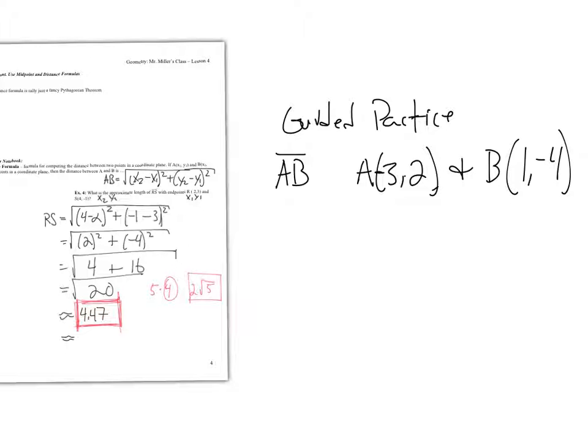Okay, so again, my line segment AB has endpoints A (negative 3, 2) and B (1, negative 4). So go ahead and stop the video, work this out, and then play it again.